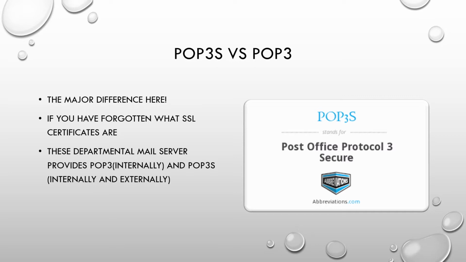Between the two of them, they offer you the option to work with the email server more internally and externally. The S on POP3S simply means that there's an additional layer of security provided while using this version over the other version. So those are the major differences between POP3S and POP3.